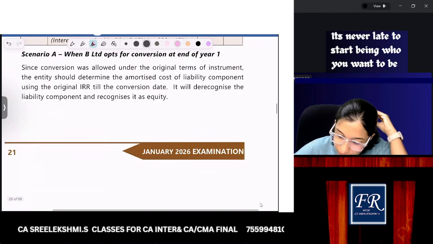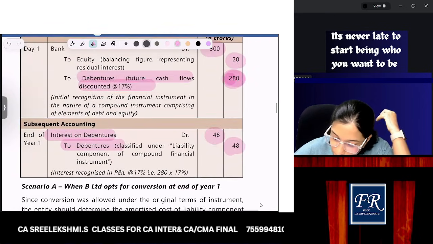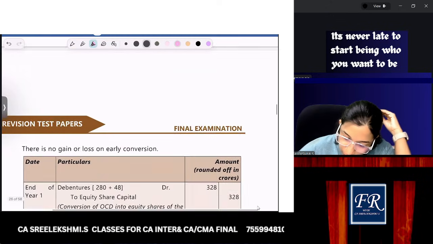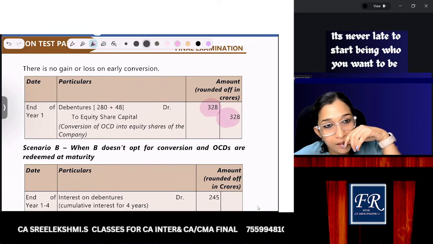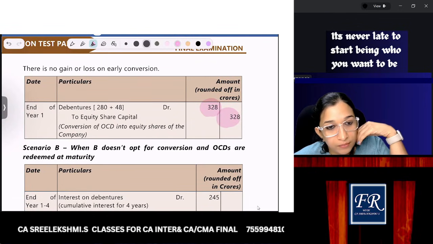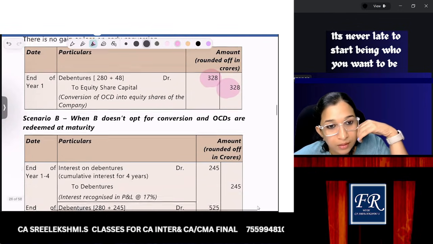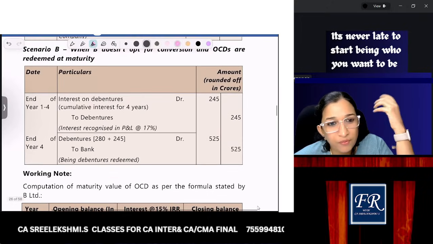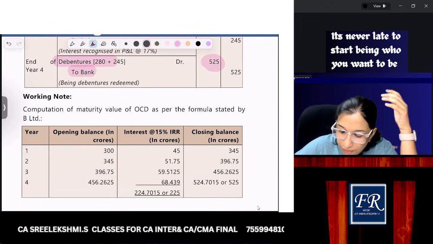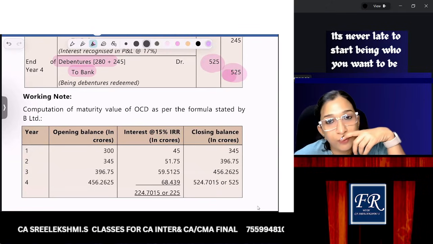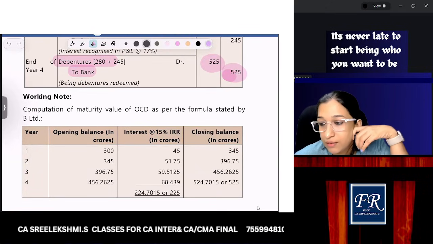How 328? 280 plus 48, 328. You opted for share capital. Then if they are not opting for conversion at year end, then it will be debentures to bank, the entire 525. Debentures to bank. Do you get this?